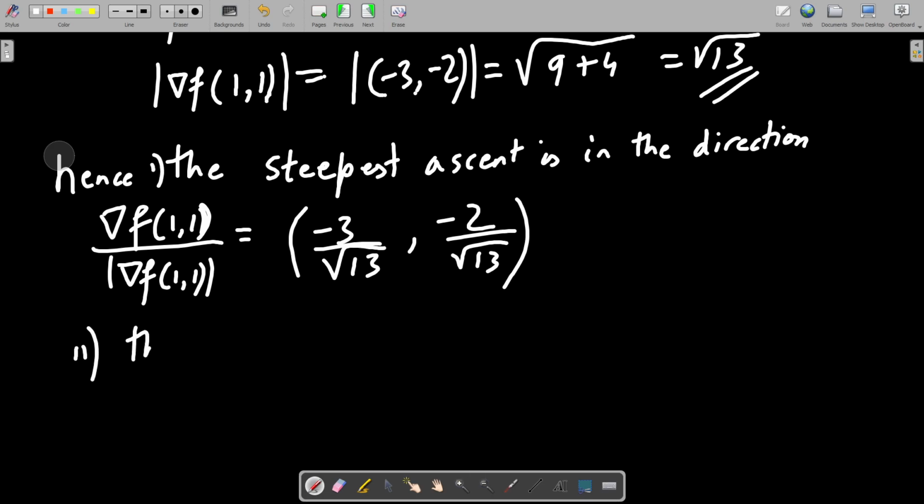2, the steepest descent, the direction in which it is decreasing the most rapidly. Wait, what am I talking about?